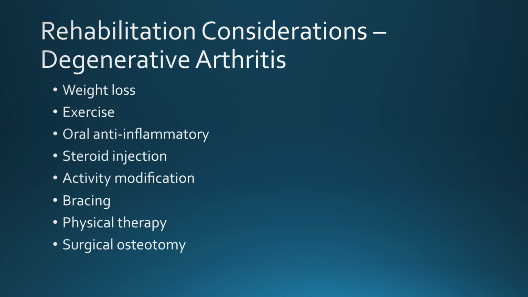So commonly in the knee, we deal with degenerative arthritis. There are several management strategies for arthritis, including weight loss, exercise, oral anti-inflammatories, steroid injections, modifying the patient's activity level, unloading using bracing techniques, physical therapy, as well as surgical osteotomy.